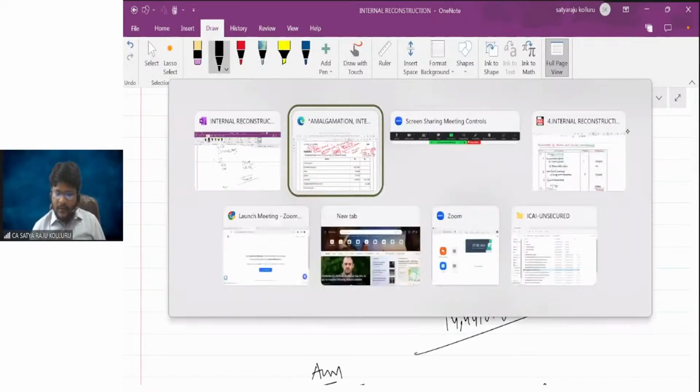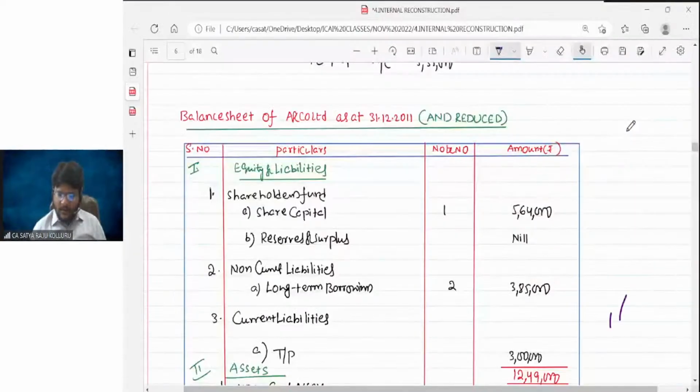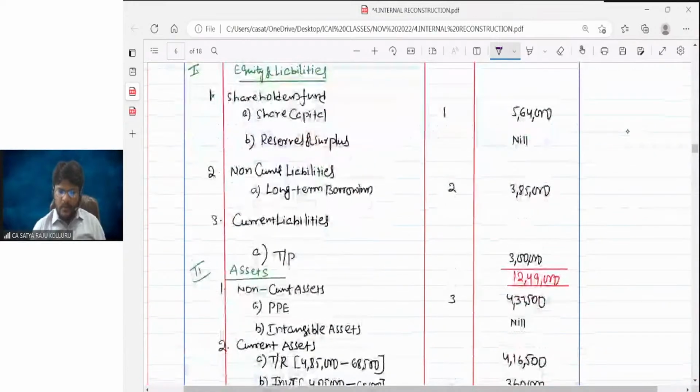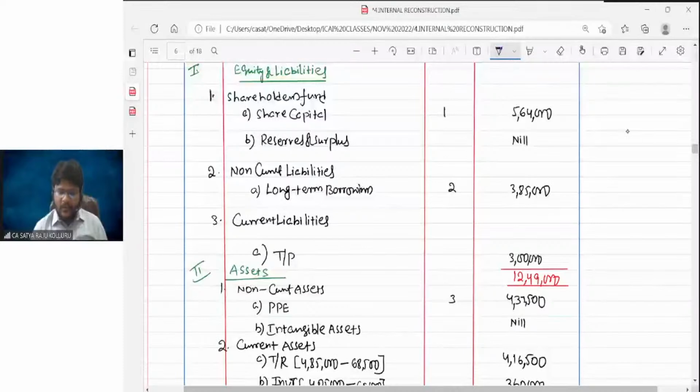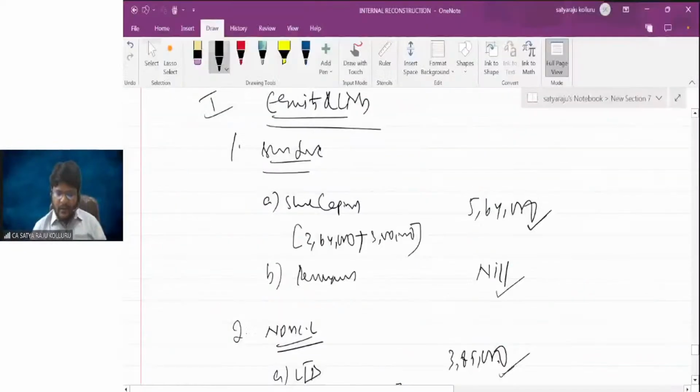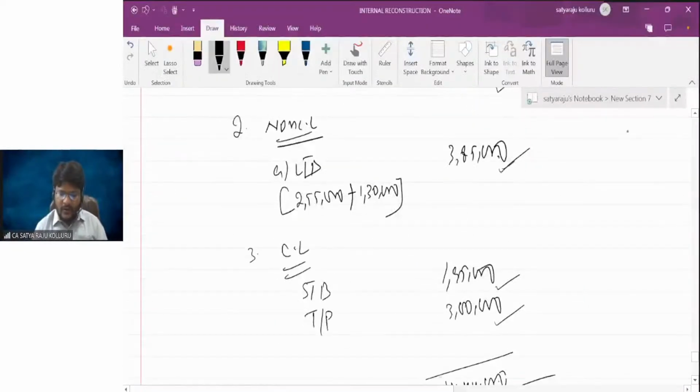Before proceeding, let me check here as well. Yes, the share capital figure is correct as per my written notes. Long-term borrowings 3,85,000 is also correct. Current liabilities have two components: short-term borrowing 1,95,000 and trade payables 3 lakhs.